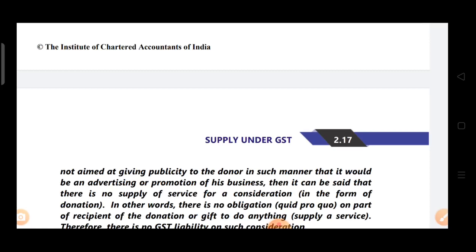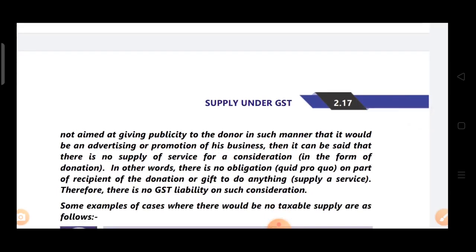So there is no publicity of the donor's business, and it will not be called a supply because there is no advertising or promotion of his business. So it is outside the purview of supply. No supply means no GST liability. The nameplate is just placed to express gratitude, not to advertise or promote the donor's business. So there is no supply of service, and no GST liability.